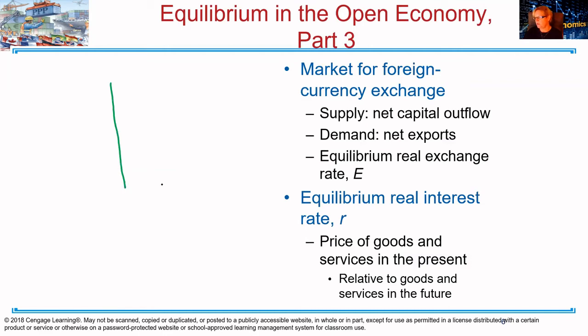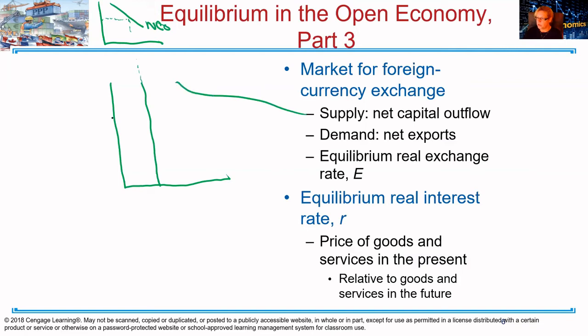So now we take from panel B, we had net capital outflow here. We have the real interest rate coming in, and now what we do is essentially bring this down. And this is our supply. And our supply, as you can see right here, is going to be net capital outflow.